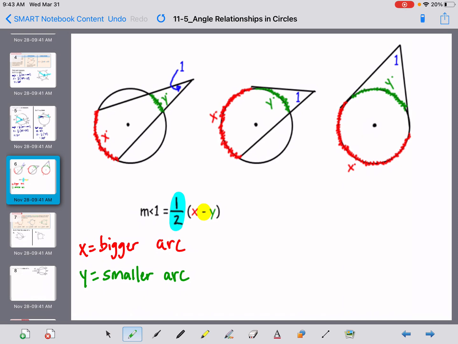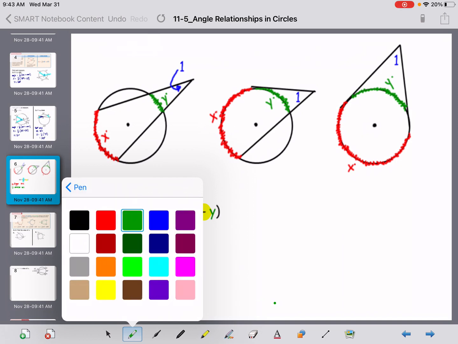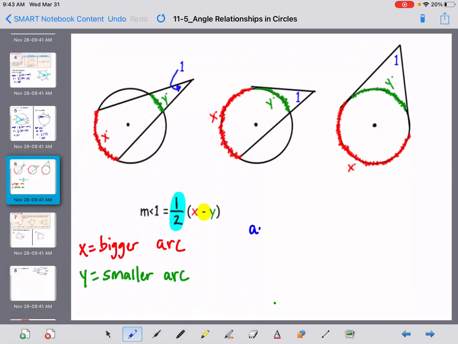So the angle, let's change back to some blue here. The angle will always equal half of the big arc subtract the small arc. Okay? So big arc subtract the smaller arc. And you can just look at those and visually see which one is bigger than the other one.